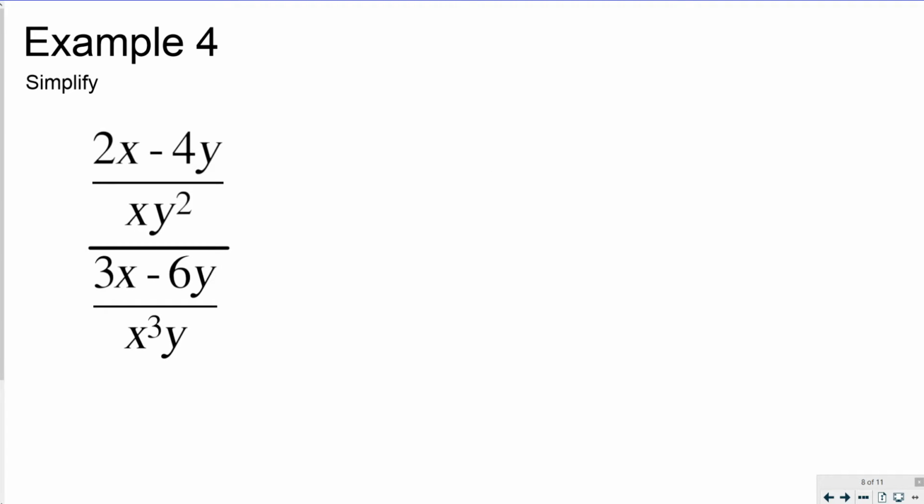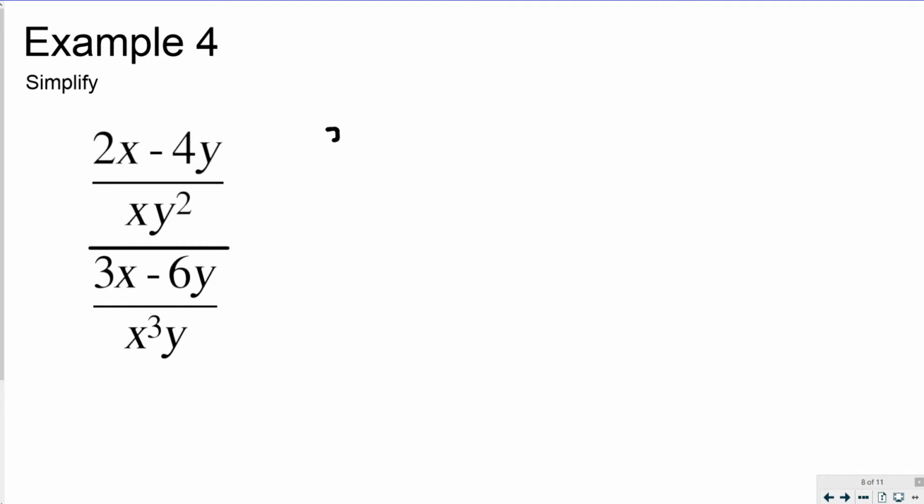Okay, so now there's a curveball. We've got some addition, we have some subtraction. Simplifying this is going to take a little more effort than before. So what we are going to do first is, again, we're going to rewrite it as a division problem.